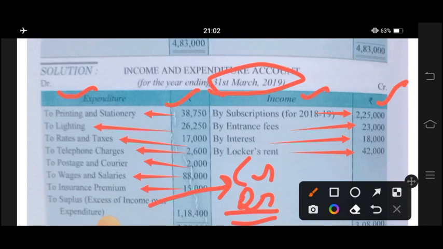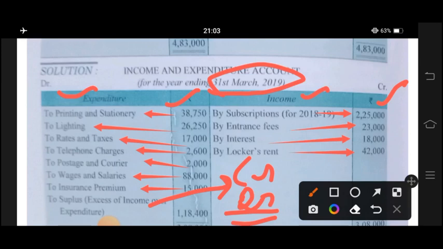So I hope the preparation of income and expenditure is very much clear to you, and now we will differentiate the concept of income and expenditure and receipt and payment, so that we can have a clear sense of receipt and payment and income and expenditure both. Later on we will discuss the difference between income and expenditure and profit and loss too, so that the identification of these two is clear in our mind.